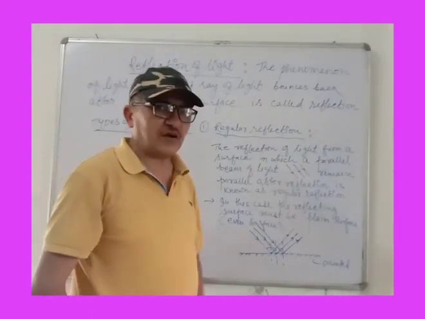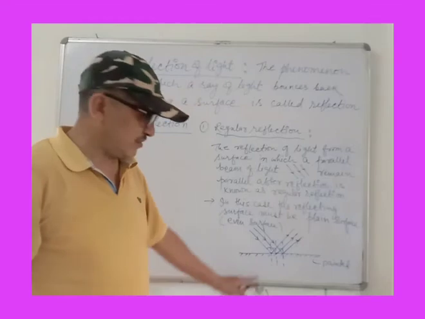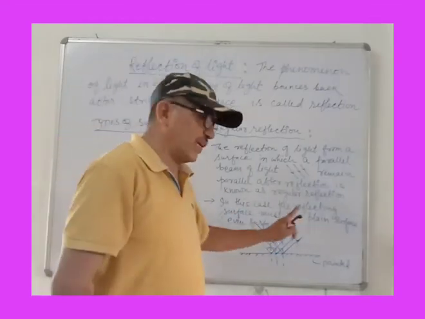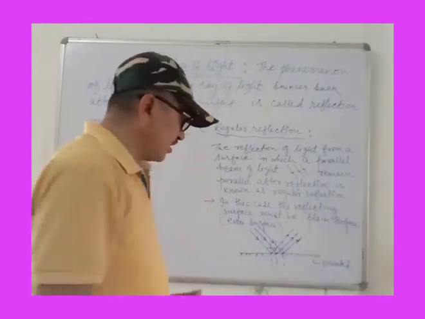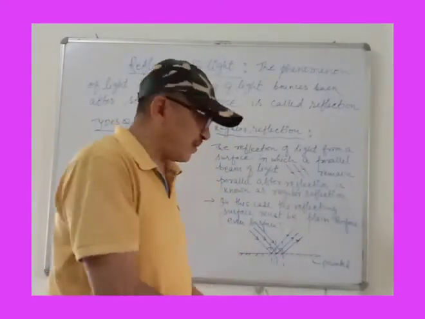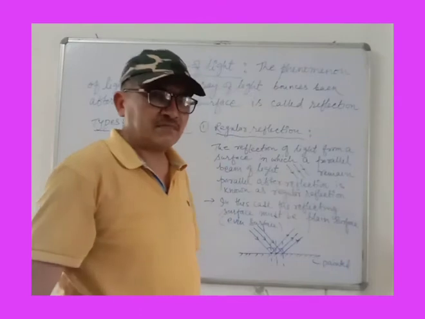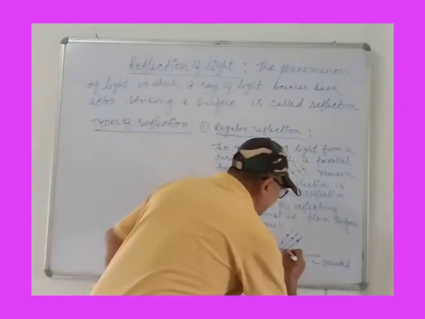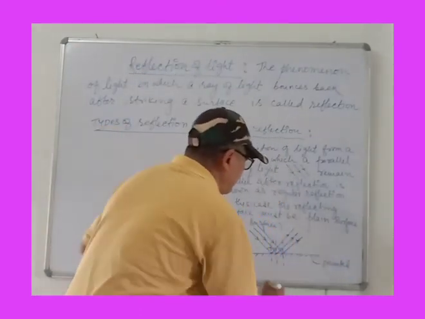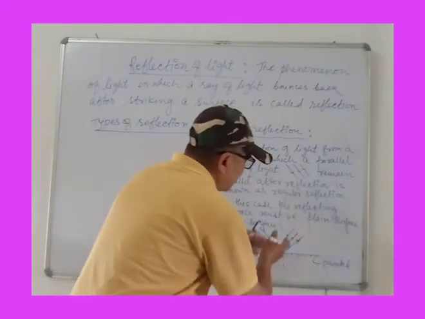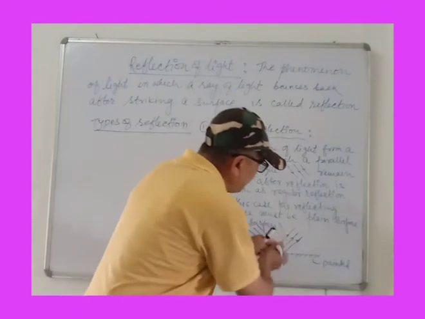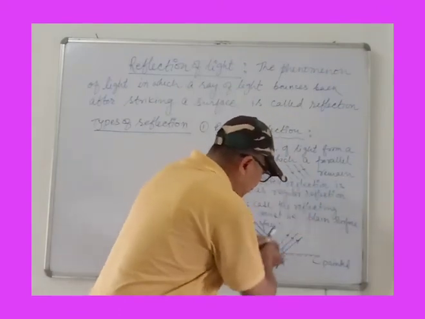This kind of reflection is called regular reflection. To see the object due to this kind of reflection, you should adjust yourself in a proper position, because you are not expecting light in this direction. You are not expecting any light in this direction. It is unidirectional, only in one direction.